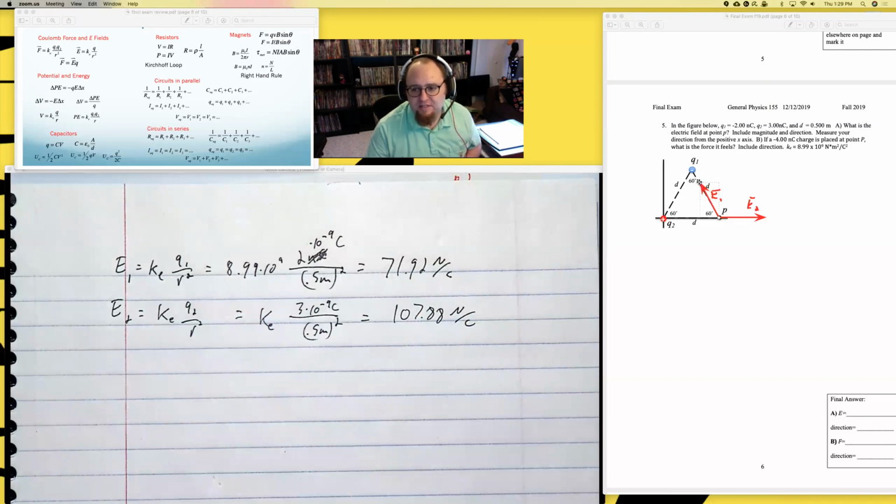So I'm going to break this into 2 components. One directly to the left and one up, where the values will be my E1y and my E1x. So I can split those up.